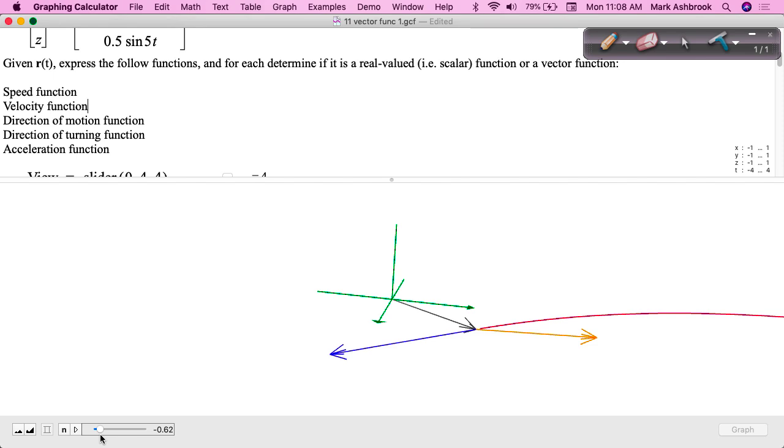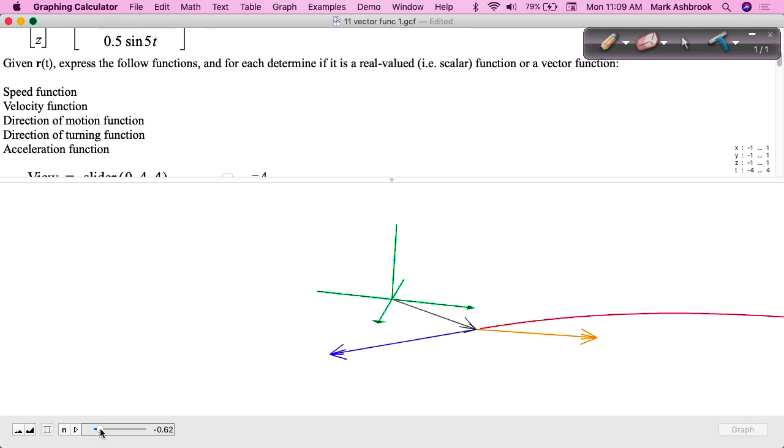Any thoughts? Yeah. Because it's decelerating. Slowing down, therefore? You mean so we're slowing down? Yeah. So what would that mean for the acceleration vector? It would be in the negative direction. Opposite of direction, right. So because it's slowing down, it's kind of pointing in the backwards direction.